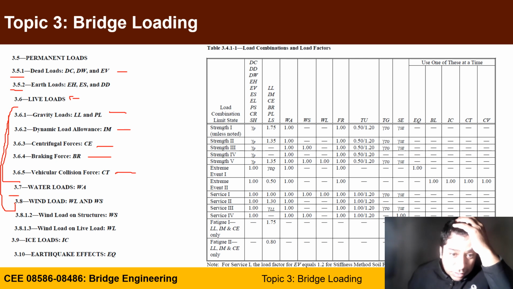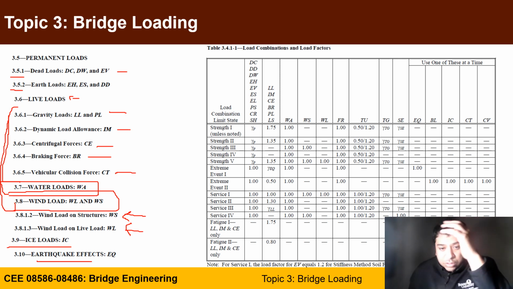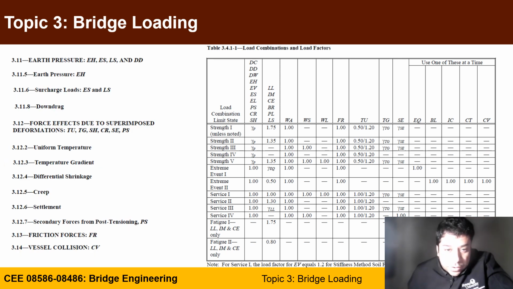You have 3.7 water loads. Wind loads are 3.8, including wind load on structure and on live load. You have ice load, section 3.9. You have earthquake load, section 3.10. Earth pressures are 3.11. And here, 3.5, 3.6, and 3.8 will give you all downdrag, ES, LS, and EH.